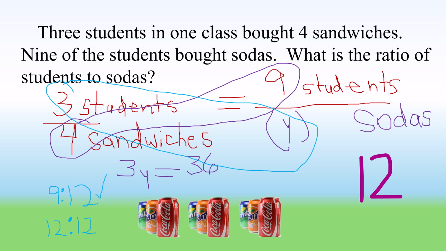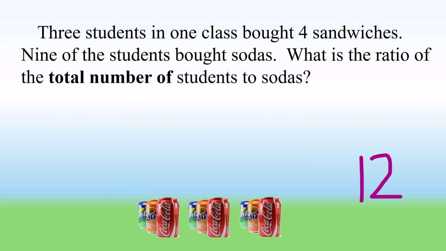But what if these students shared? Well, then you have to add on to the question. So this is what that would look like. So here we are. What is the ratio of the total number of students to sodas? 12 to 12. Because your total number of students were 3 plus 9.